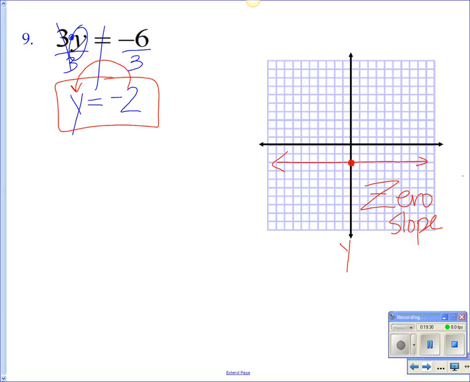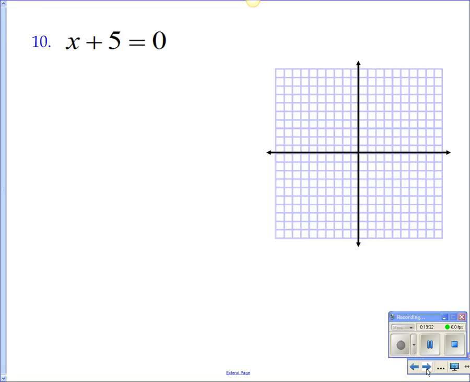All right, now let's do the next one. X plus 5 equals 0. This one is missing what letter that we always circle? Y. So you're going to have to do it a little differently. You're going to draw your line, and this is the only time you're going to circle X, because there's no other letter to circle.